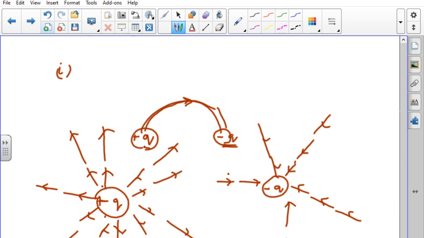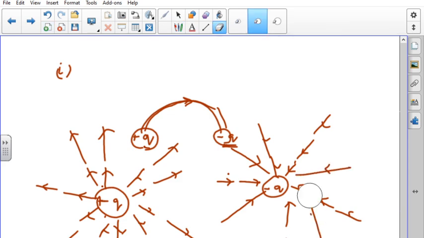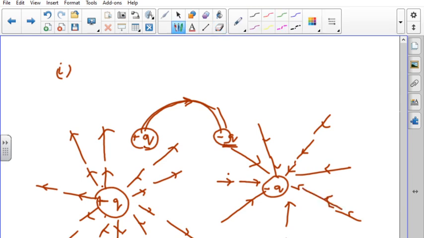When you observe both the diagrams, you may understand very well that if it is a positive charge, electric field lines are directed radially outward.